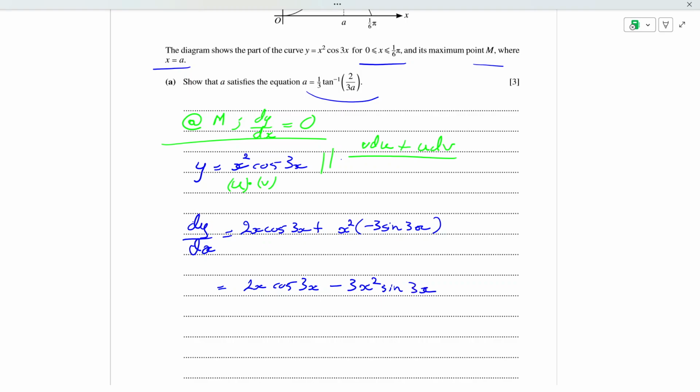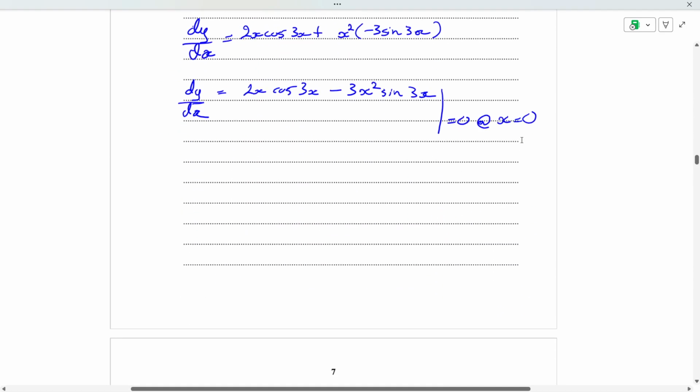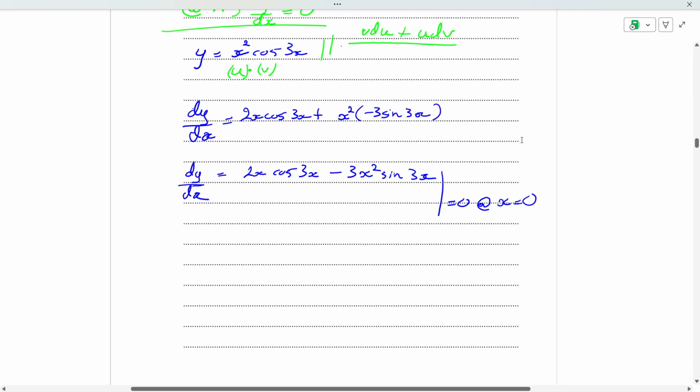All right. And then we know that this is dy dx, and it is equal to 0 if x is equal to a. All right. So we'll substitute.